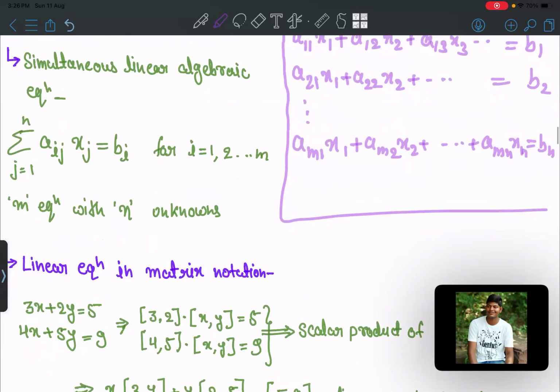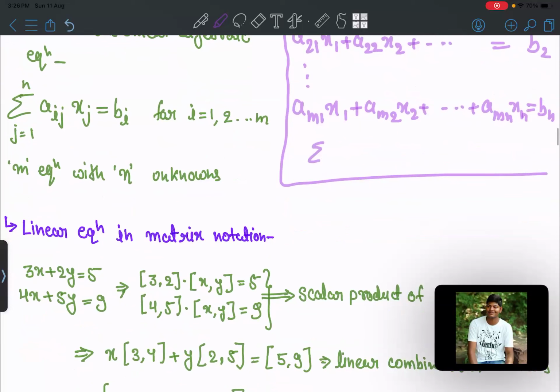So all these equations can be represented in short term as summation of aij xj will be equal to bi. Okay. In short term, we can represent it like that.